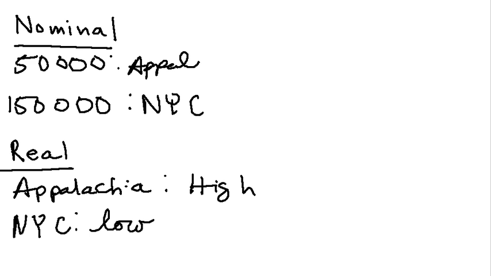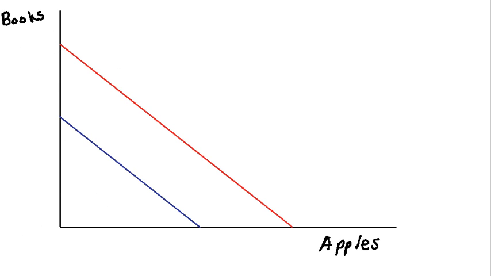Now that we've discussed nominal and real income, let's discuss it in the context of budget lines. Here we have two budget lines for books and apples. There's this blue one, and there's a red one. Under the red budget line, it's clear that your real income is greater, because you're able to buy more things in this region than you are when faced with the blue budget line.